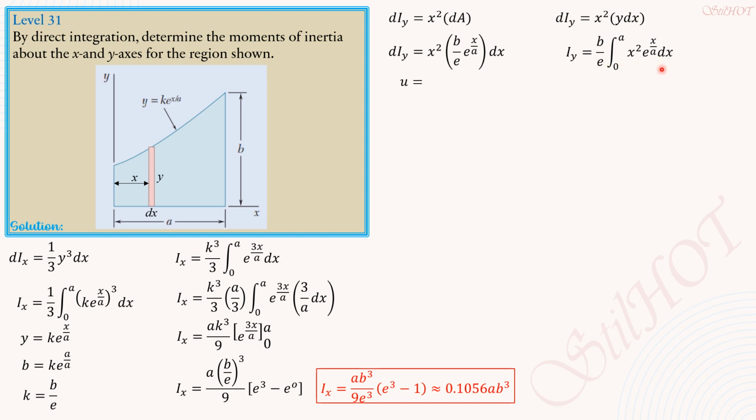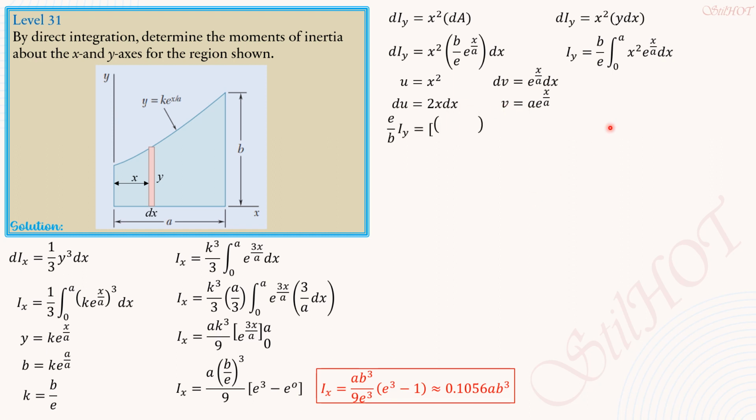So let u be x squared and the differential of u is 2x dx. Likewise, dv is e^(x/a) dx, and the integral is a e^(x/a). Since the reciprocal of 1 over a is a, the integral v is a e^(x/a). So Iy is b over e times the quantity uv minus integral of v du.